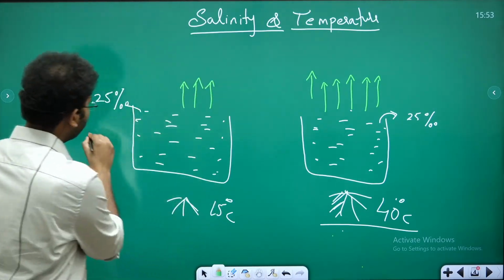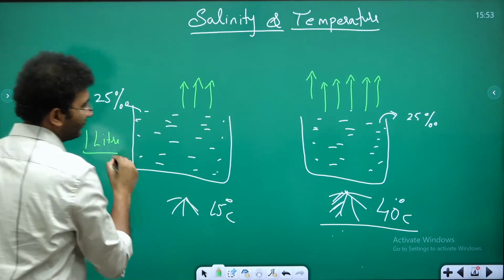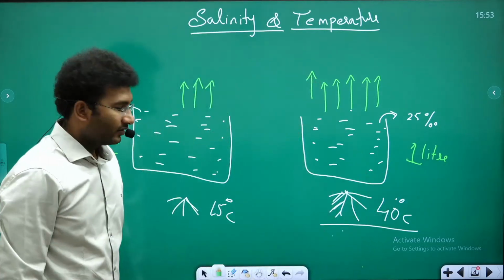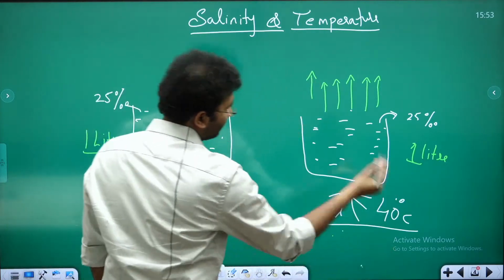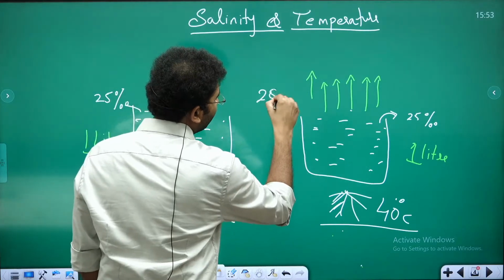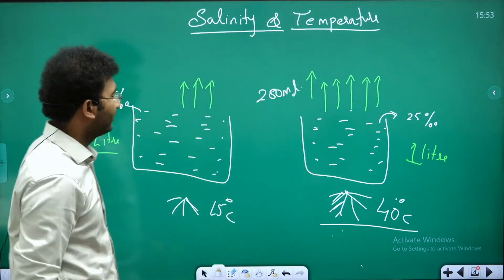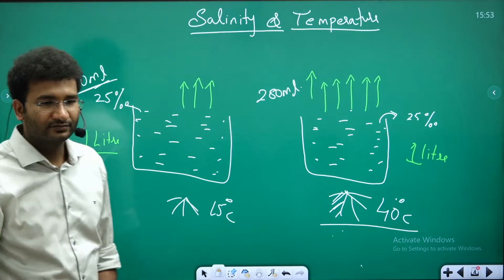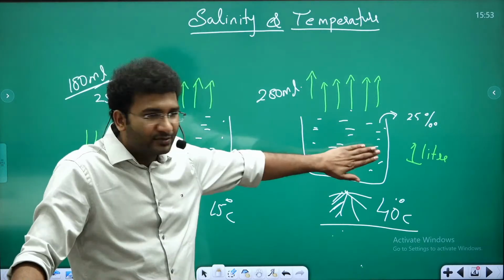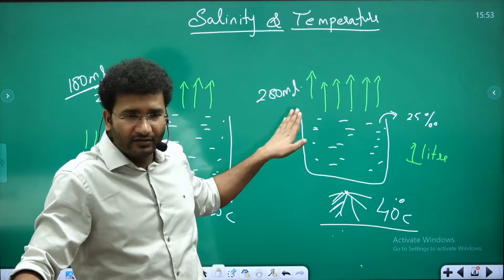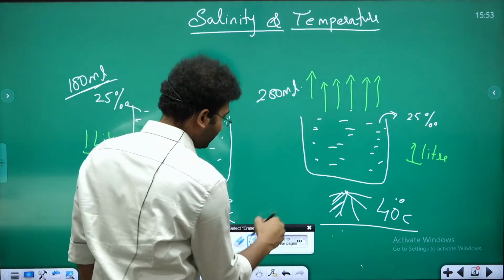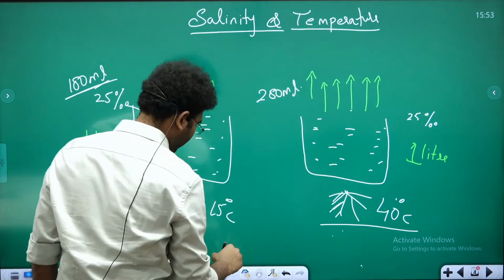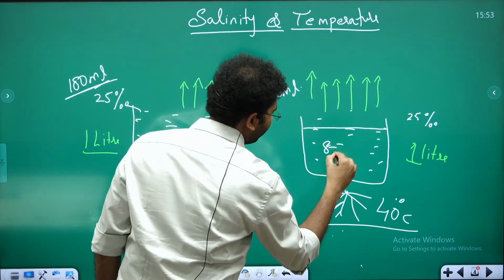Now this is 1 liter and this is also 1 liter. Now imagine in this, 200 ml got evaporated. Here only 100 ml got evaporated, right? तो यहां पे कितना बचा अभी? 1 लीटर में से 200 ml गया, यहां पे आपके पास 800 ml बचा है पानी. ठीक है, that means 800 ml is left.